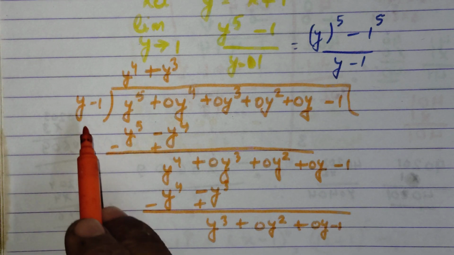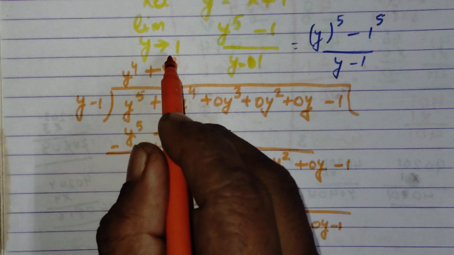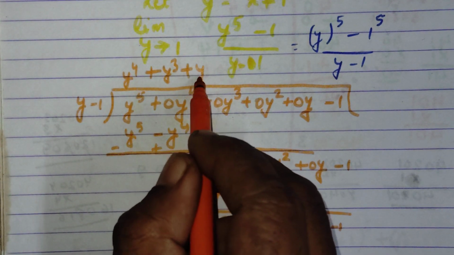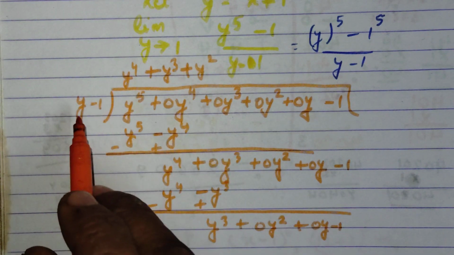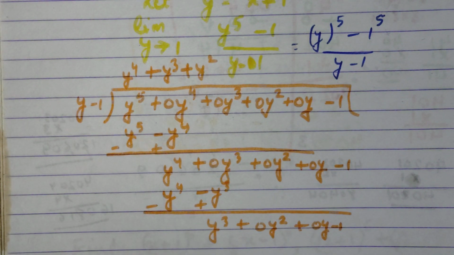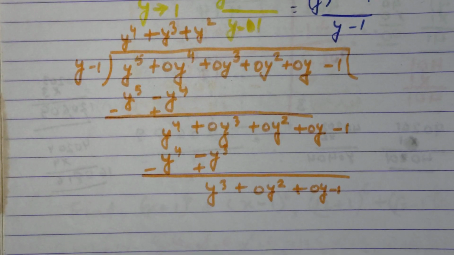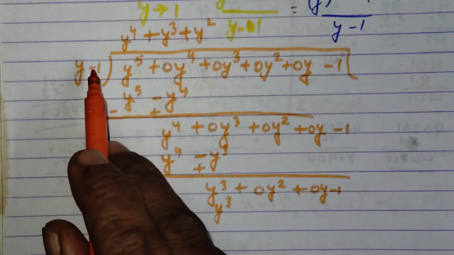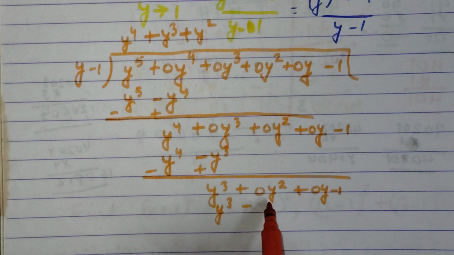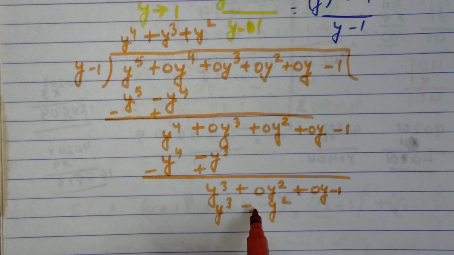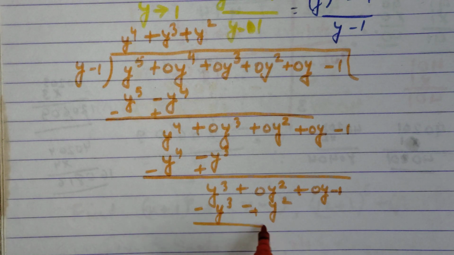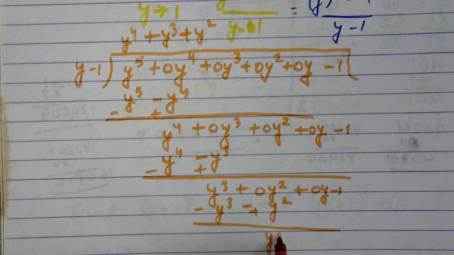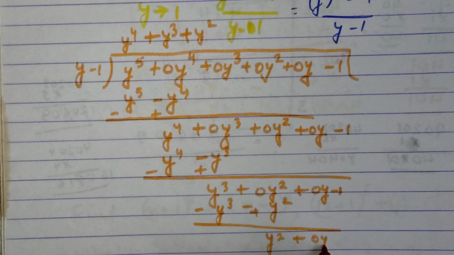Again the first term divided by y: y cube divided by y gives y square. Y multiplied with y square gives y cube, and y square multiplied with minus 1 gives minus y square. Changing the sign and adding, we get y square plus 0y minus 1.